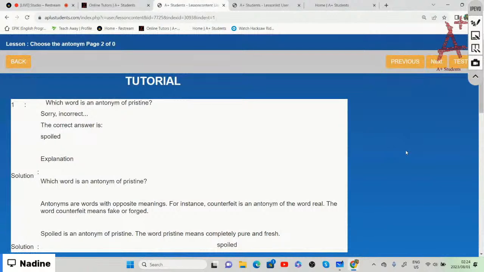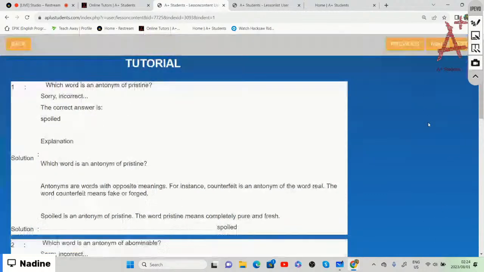So we need to find the antonym of pristine, and we said the antonym of pristine is spoiled. The word pristine means completely, purely, and fresh. So pristine and spoiled.